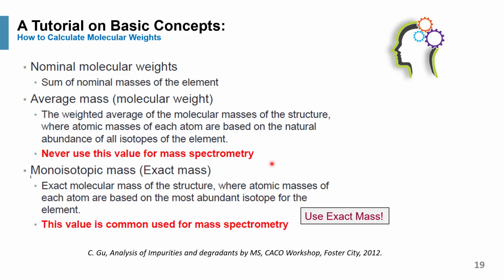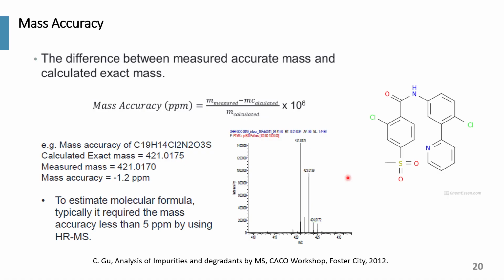Here are a few highlights from the tutorial on some basic concepts. Nominal molecular weight versus average molecular weight. Just a note that one never uses these values in mass spectrometry. One always uses the exact mass in ID and other applications. A clarification and a calculation example for mass accuracy.